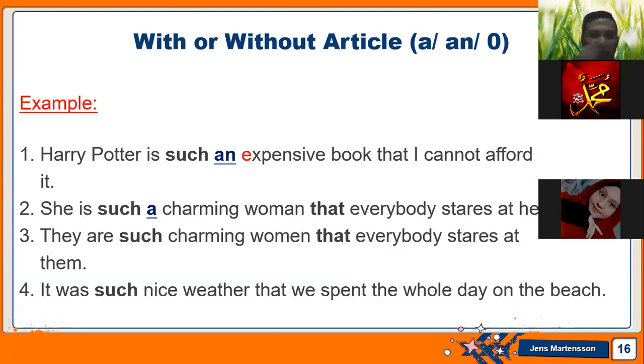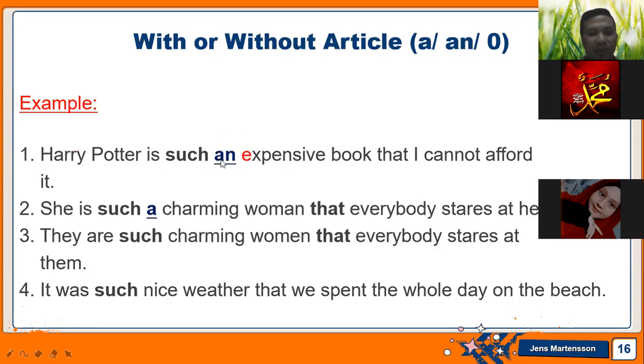Without an article, whether the sentence is correct or incorrect. So another exercise is you have to decide whether it is with or without an article. Number 1. Harry Potter is such an expensive book that I cannot afford it. Is it a good sentence or not? Yes, sir. Why?